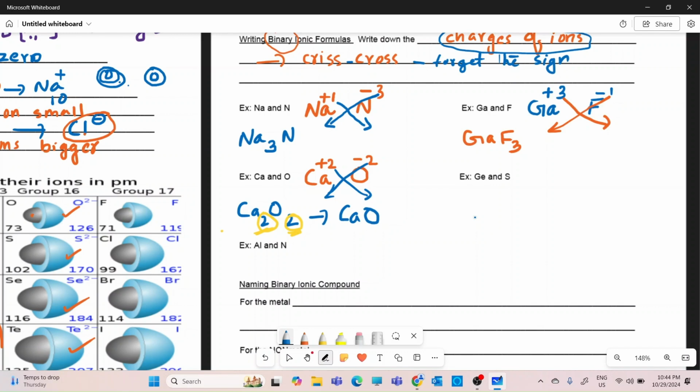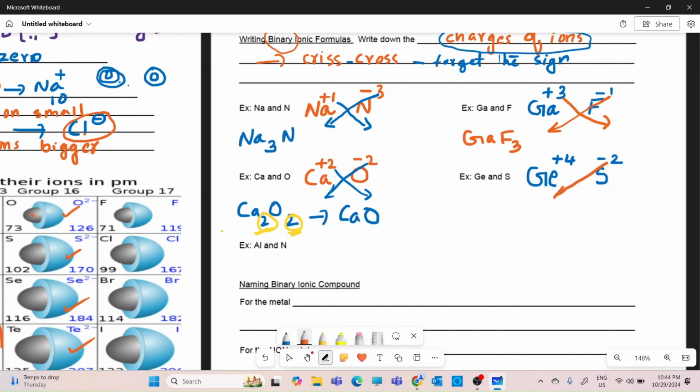Next one, Ge and S. Germanium has a charge of plus 4 because it is in the carbon, silicon, germanium group, group 4. And sulfur has a charge of minus 2. We'll do the crisscrossing method.